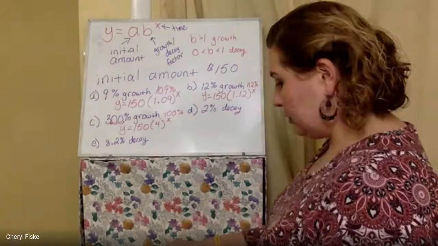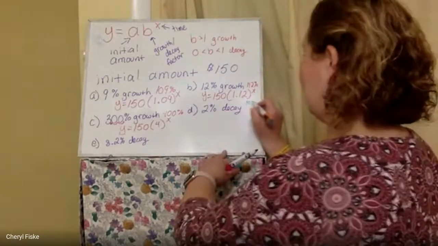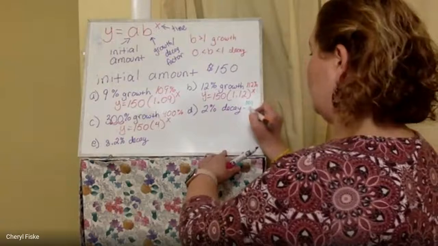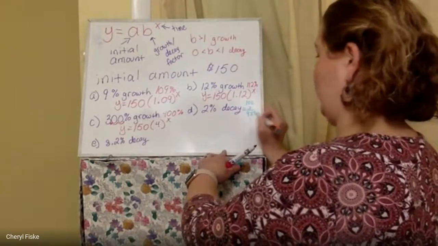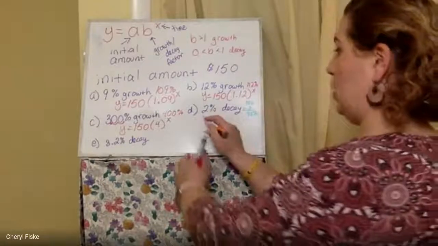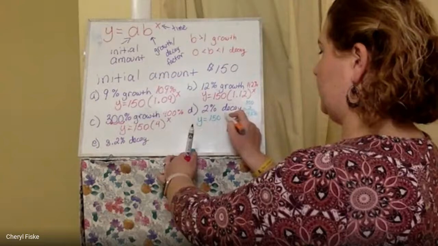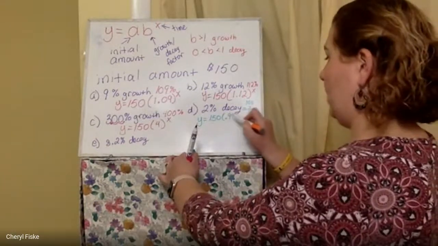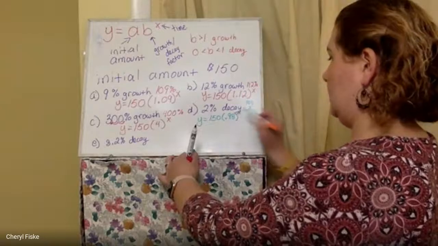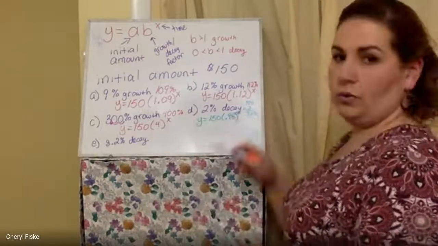I have my 100%, and then I'm going down 2%. So now I'm really at 98%. So this is y equals 150, which is my initial, and now I'm only at 0.98 to the x. So 0.98 told me I went down 2%.